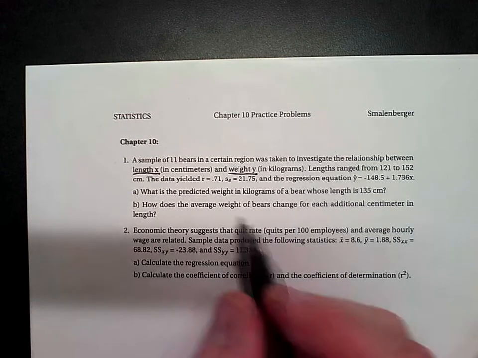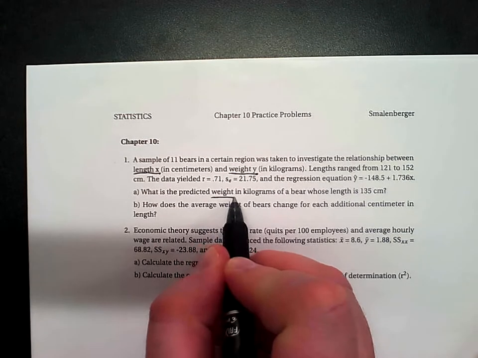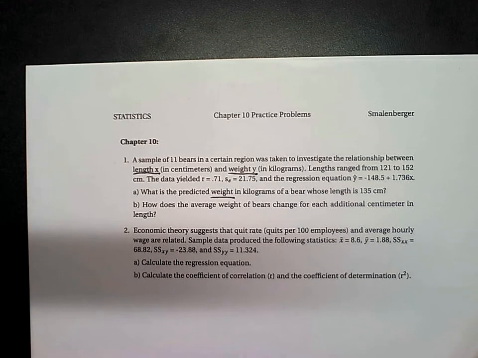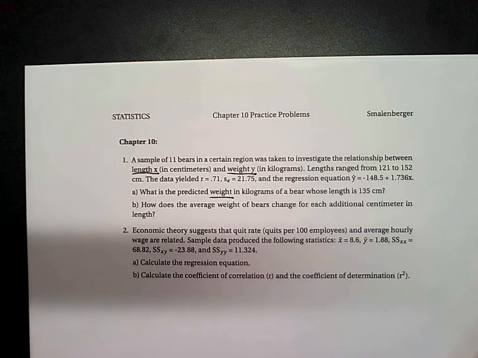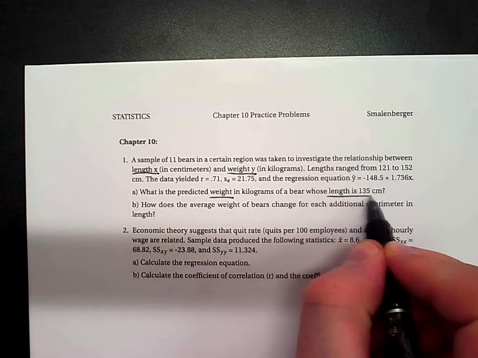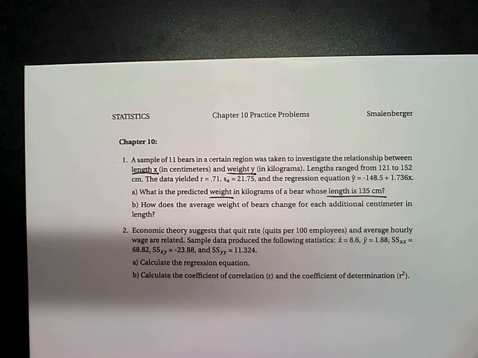It's asking us to predict the weight. So it's asking us to predict a y value if the length is 135 centimeters. So if x is equal to 135, what do you think you're going to do to find out what y is equal to?